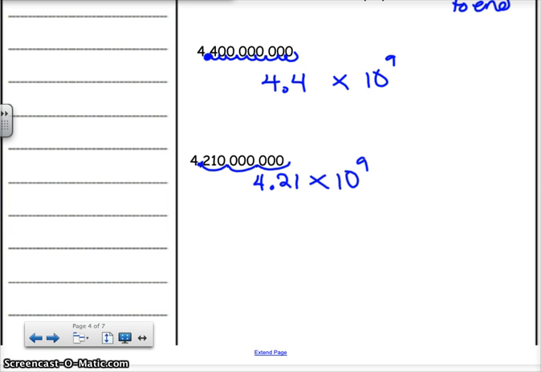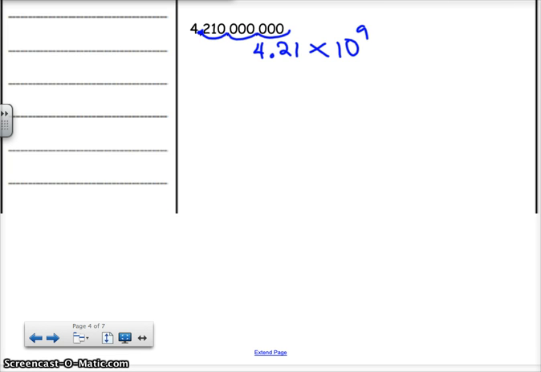Do another one. We don't have any other examples with the smaller ones, so write this down, please. 0.0000003014. There should be 1, 2, 3, 4, 5, 6 leading zeros. When I look at this, the first thing I think is, here's my first non-zero digit.